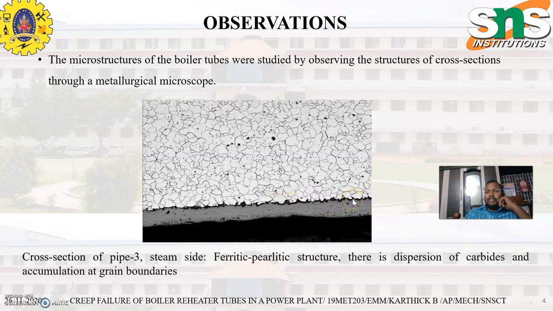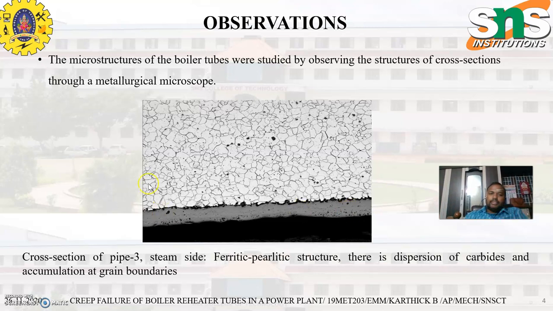These carbides act as both a harmful material and also a useful material. We have to know what has actually happened in this case study.